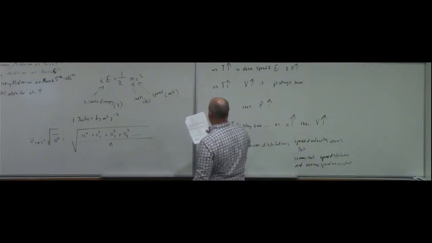All right. What are we doing with this? Root mean squared speed is defined as the square root of the average of the squares of the speeds, where n equals the number of particles.